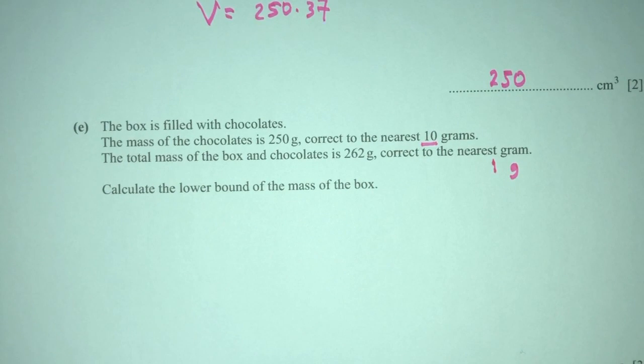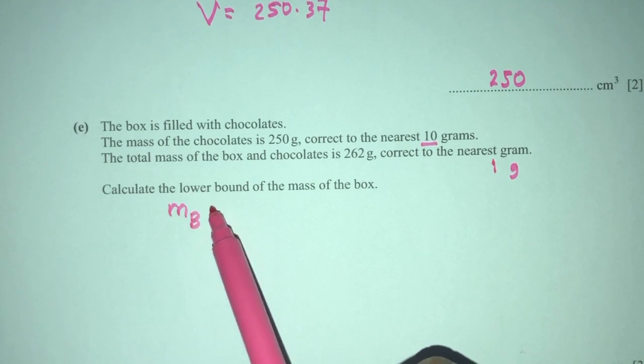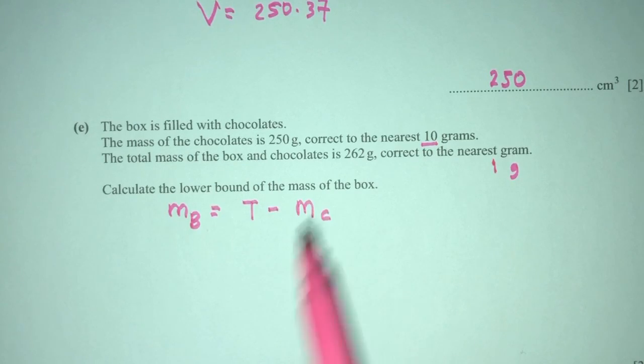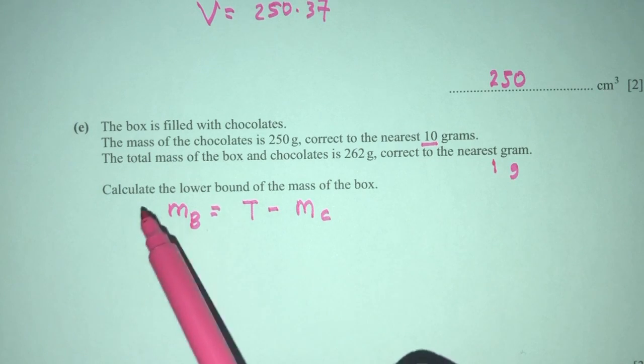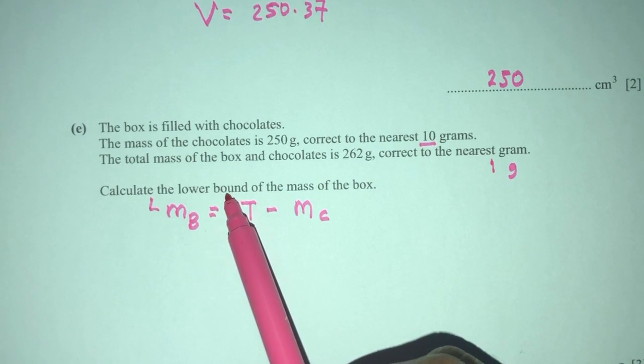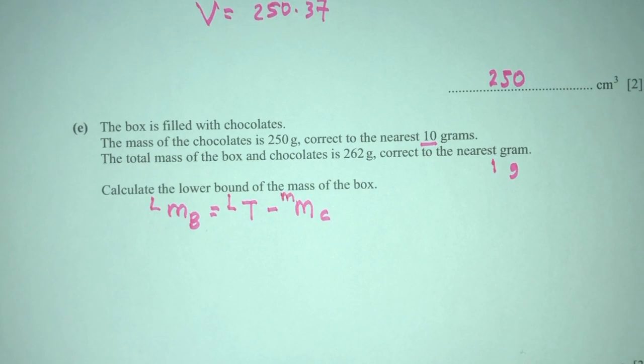Again, you have to understand, the mass of the box is equal to the total mass minus the mass of the chocolates. So that's how you find this. But again, the question is asking for the lower bound. So for the lower bound of the mass of the box, you have to take the lower bound of the total minus the maximum of the chocolates, if that makes sense.